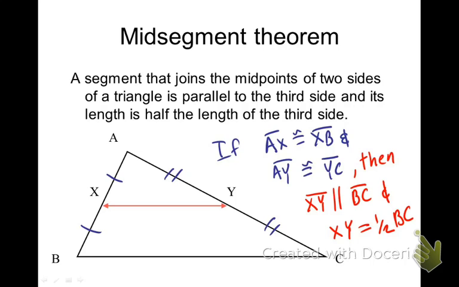So right now, segment XY is parallel to segment BC, and if XY is 5 in length, what would length BC be? 10. If length BC was 17 in length, what would XY be? It would be 17 over 2. So that's the mid-segment theorem.